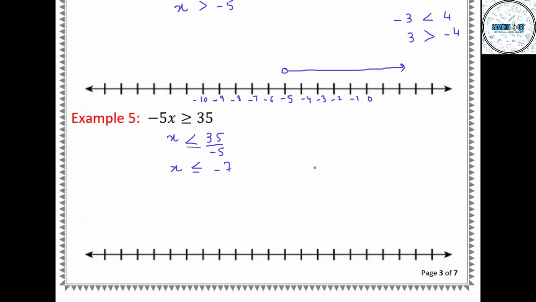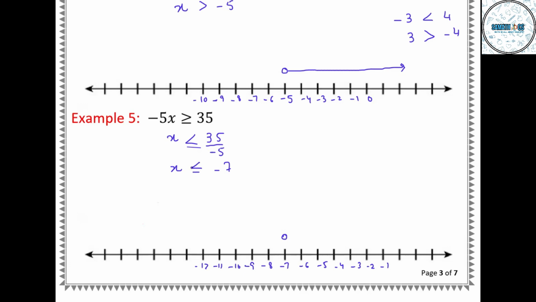Now we will mark in the center minus 7. On this side, it would be minus 6, minus 5, minus 4, minus 3, minus 2, minus 1. And on this side, it will be minus 8, minus 9, minus 10, minus 11, minus 12. And we have to make a circle at minus 7.